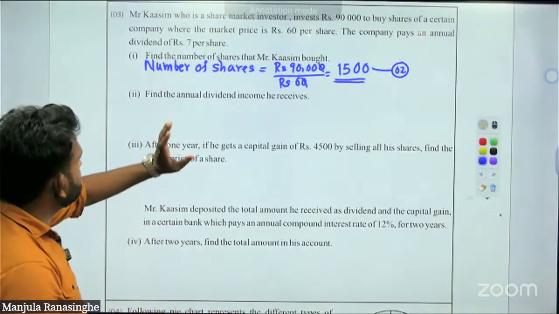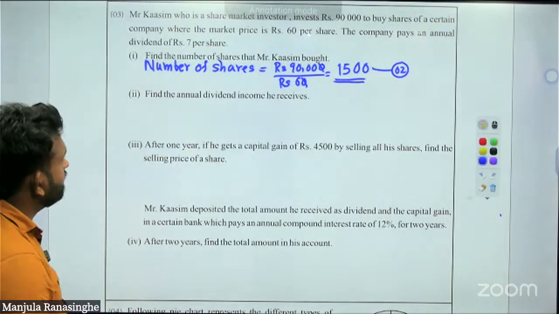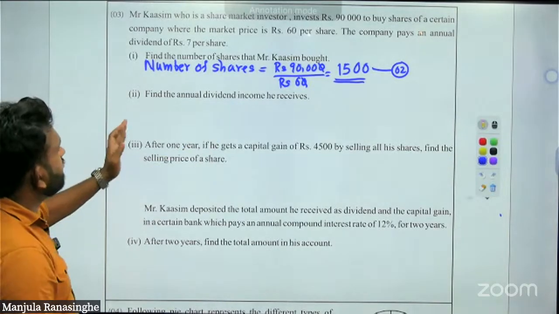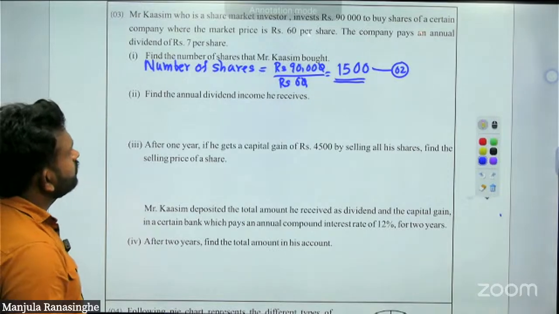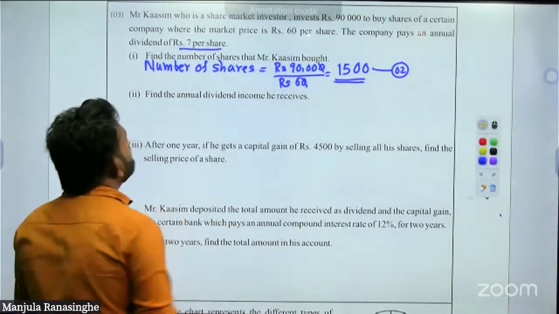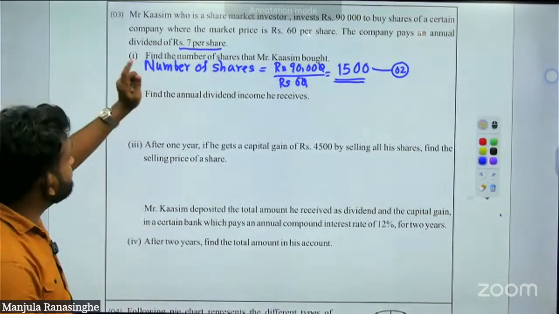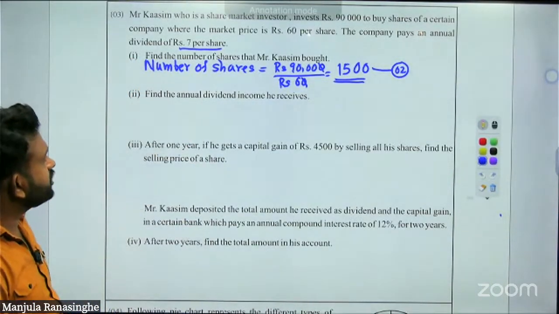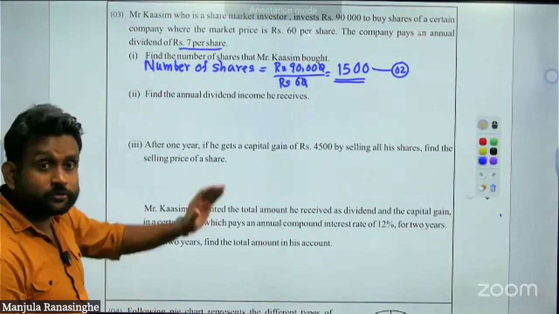Okay, he bought 1,500 shares. Okay, then find the annual dividend income he received. So they say that per share, what is the dividend income he is offered? Rupees 7. Then how many shares does he have? 1,500.